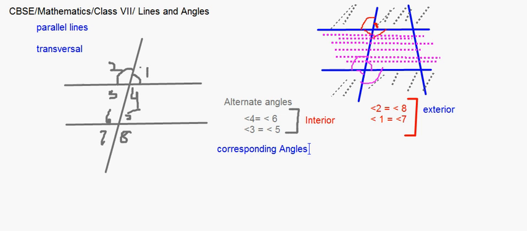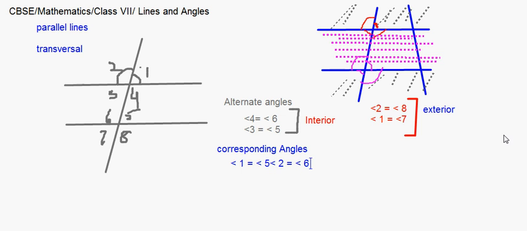They both either lie above or below the lines on the same side. As in alternate angles, they were on the opposite side of the transversal. With corresponding angles, they will be on the same side of the transversal, and the pairs are again equal. Like angle 1 is equal to angle 5, they make a pair of corresponding angles.